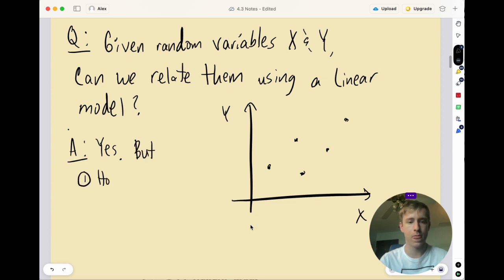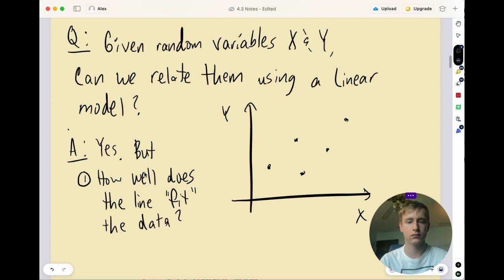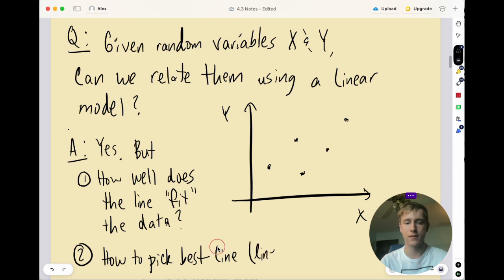One, how well does the line fit the data? And question two, and what we're going to concern ourselves with now, is how to pick the best line, which is also called the line of best fit.